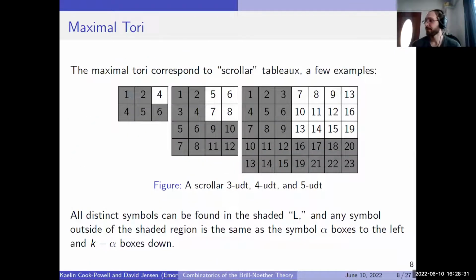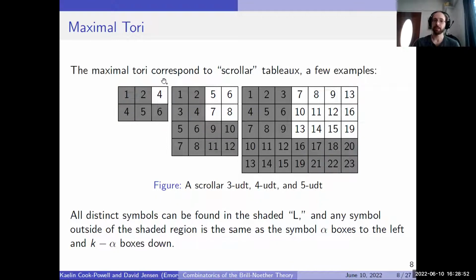Right, so the maximal tori correspond to something that you call a scroller tableau. So I have 3 different tableaux here with 3 different gonality conditions. There's 3 uniform, 4 uniform, and 5 uniform. And I want to try to emphasize something special about these tableaux.